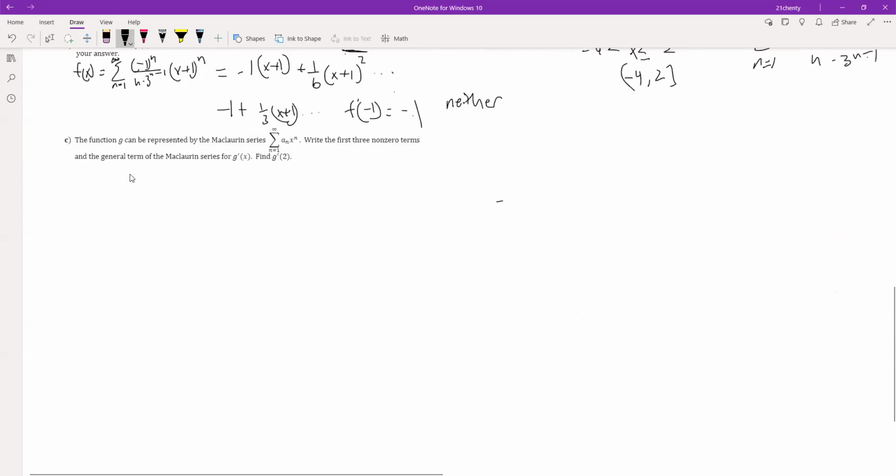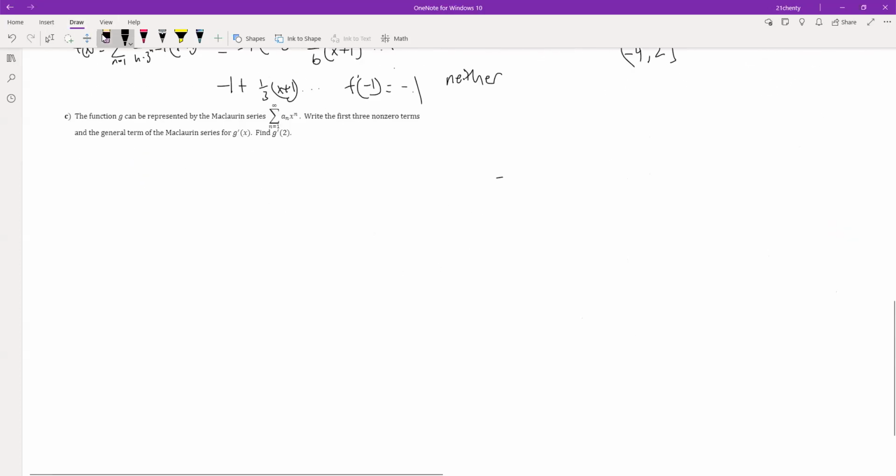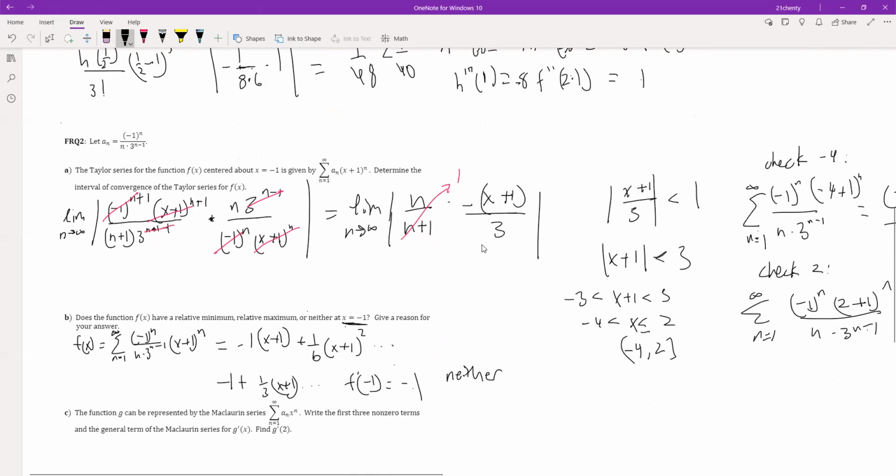And now for part C, the function g can be represented by this Maclaurin series. Write the first 3 non-zero terms and general term of g prime of x and find g prime of 2. So I'm going to do this using the general term.